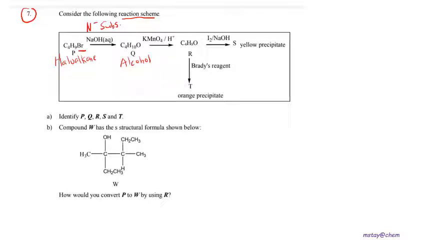Once the alcohol reacts with KMnO4, H+, we know this is an oxidation process, so basically this is a carbonyl compound. It could be from a primary or a secondary alcohol, and it should be a ketone, because KMnO4 is a strong oxidizing agent.